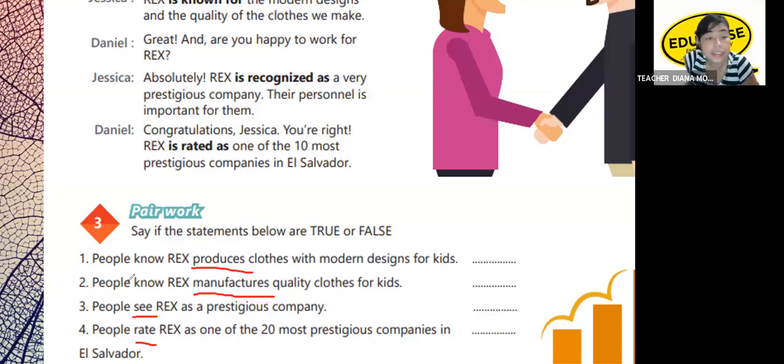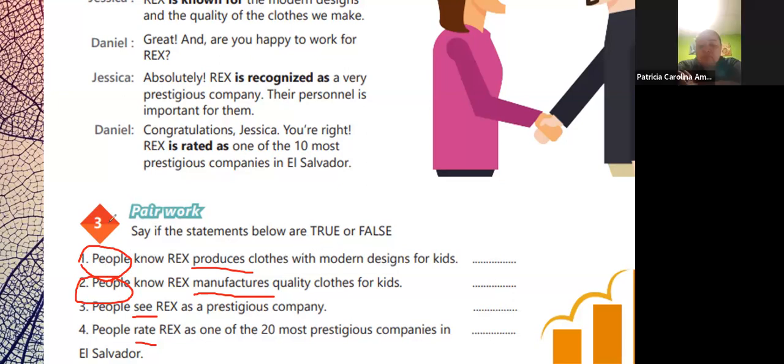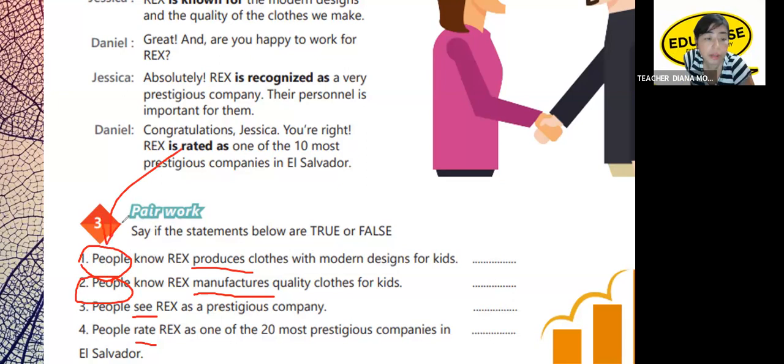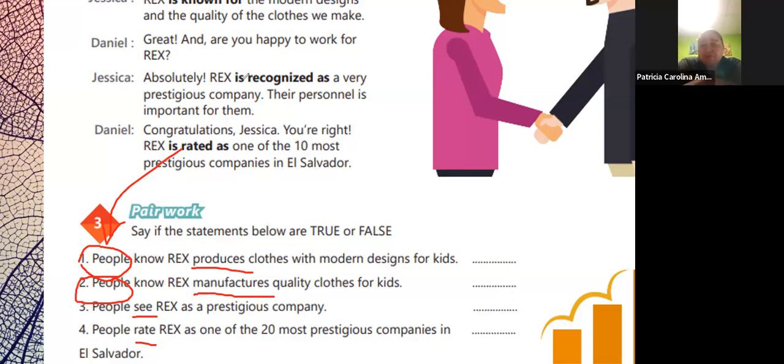But in this case, we have someone involved in the action, someone who performs or does the action. The people know Rex produces clothes. So we have people here first, right? But in this case, excuse me? Is classification.